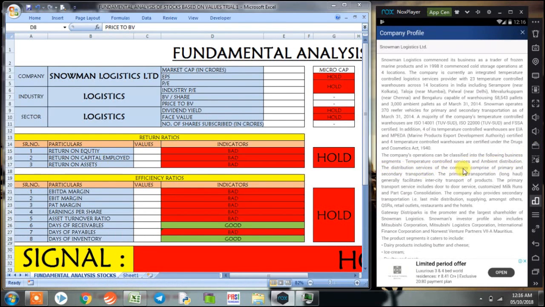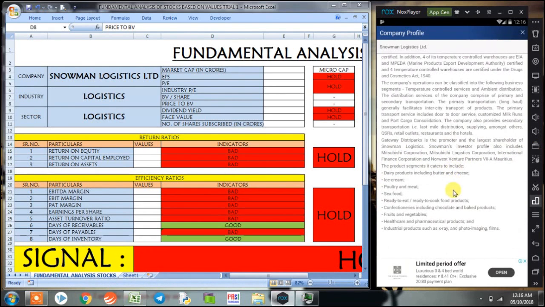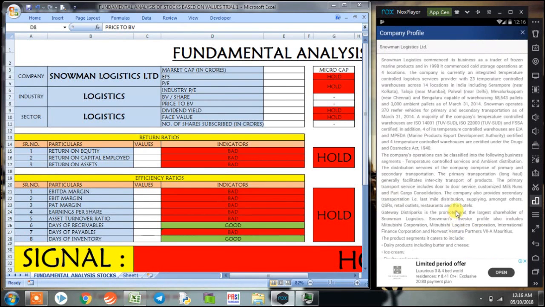The distribution services of the company comprise primary and secondary transportation. A lot of things are mentioned here. The product segments it caters to include dairy products, ice cream, poultry and meat, seafoods. So it is a sort of business of cold storage operations, rather transportation. So it's a cash savvy business. So this was the company profile.